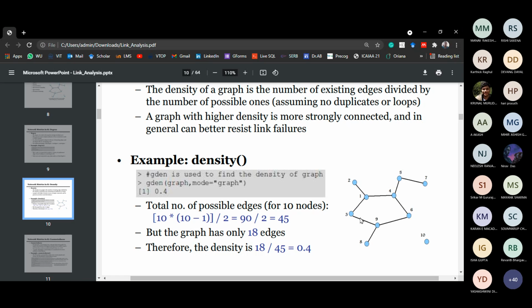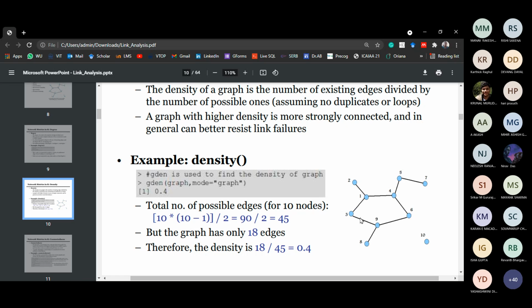So what is the use of this density parameter? If you want to know how strongly connected a given social network graph is, such a network can be identified. If I give you two different networks and ask you to find out which graph is strongly connected, that means it is highly resistant to link failures.